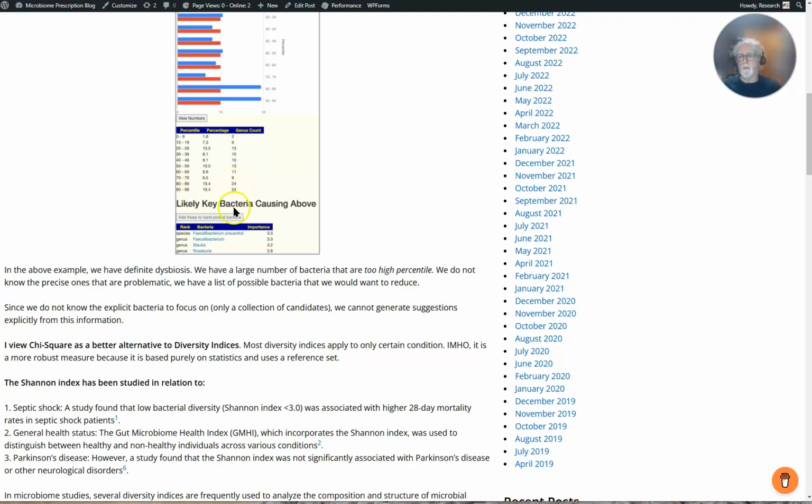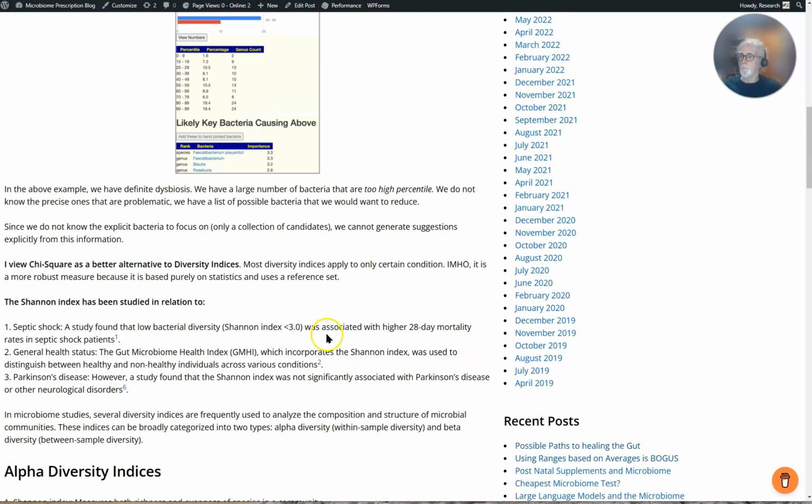Generally, it becomes a bit tricky, but we at least have a short list of 24 bacteria, which are likely the ones which, if they are high, we want to focus on. But half of them are going to be false positives, and half of them are going to be true positives in terms of wanting to alter to normalize the dysbiosis.